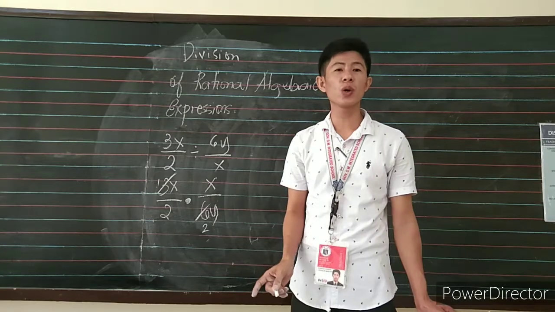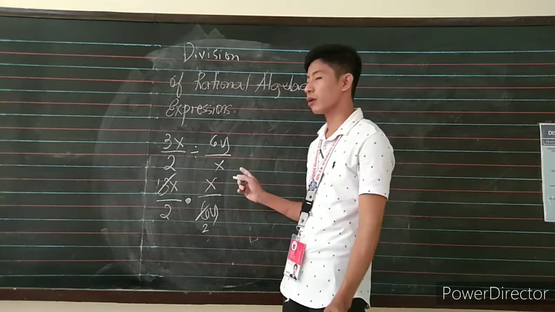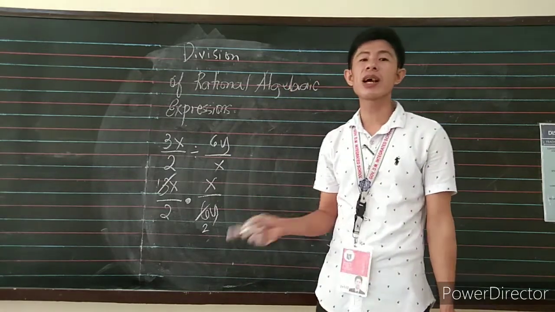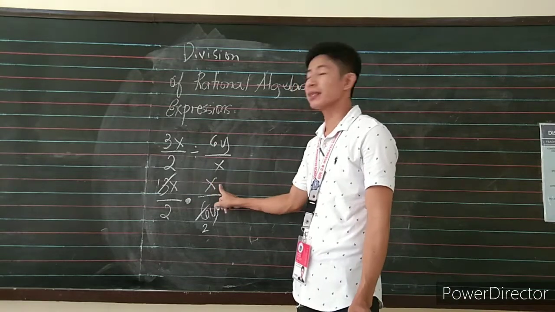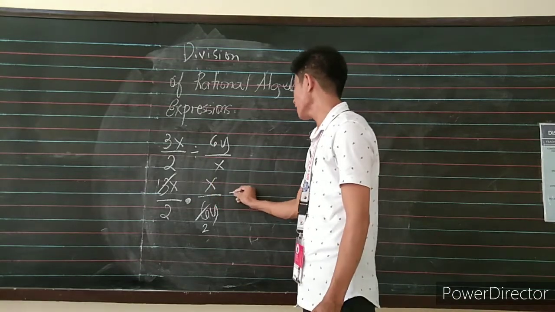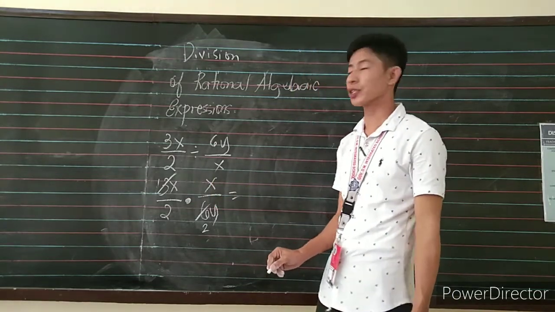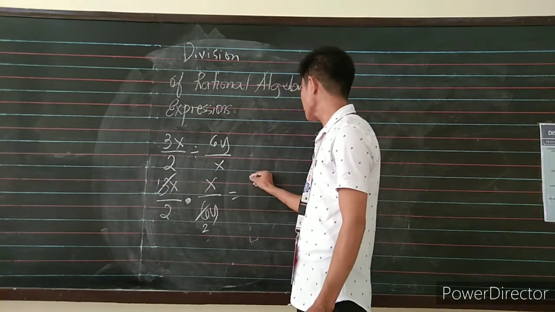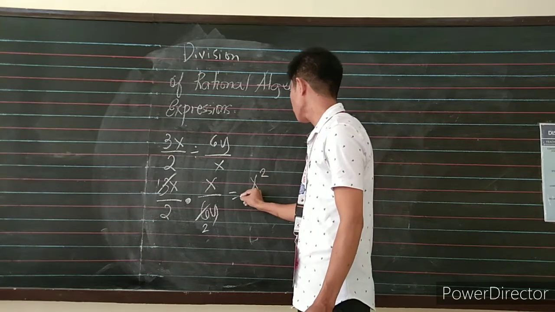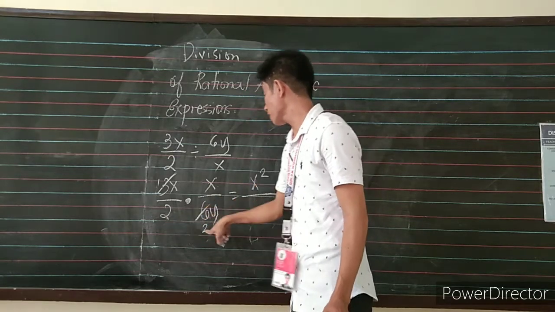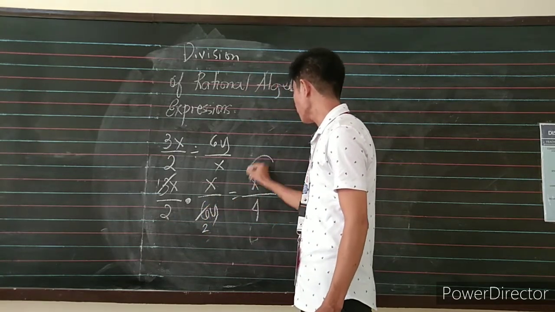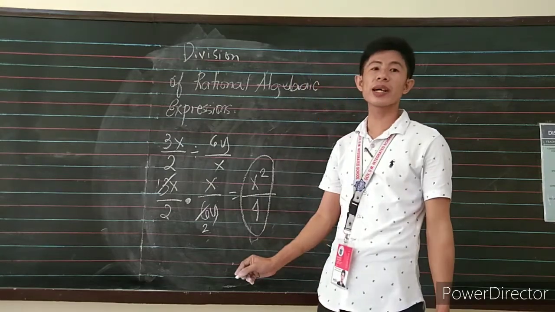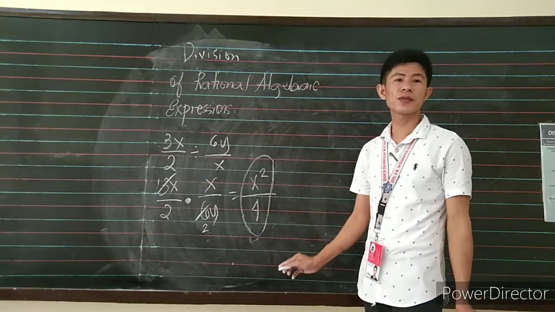Of course, no. We can only cancel terms from the numerator and the denominator. So all we need to do is to multiply the remaining terms. 1 times x times x is x squared over 2 times 2 is 4. So our final answer is x squared over 4.